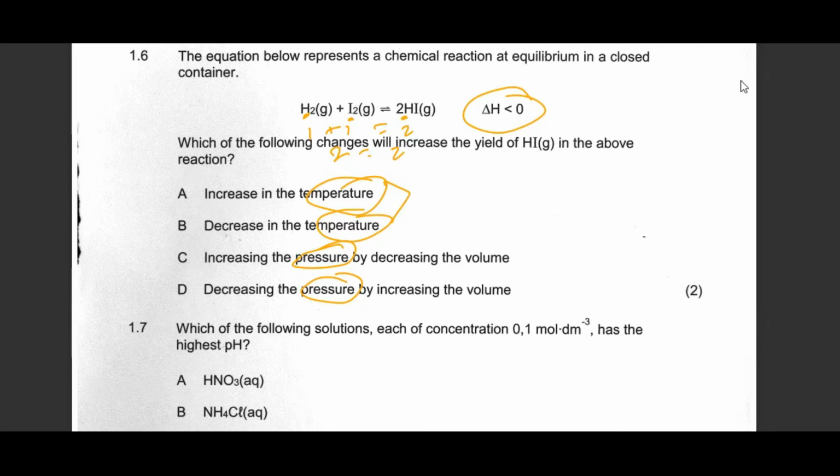But because the left and the right side both have the same number of moles, automatically pressure will not affect that reaction. So where there is pressure, those two options are out. Our answer must be either A or B. Now when you go to temperature, what are you looking for?